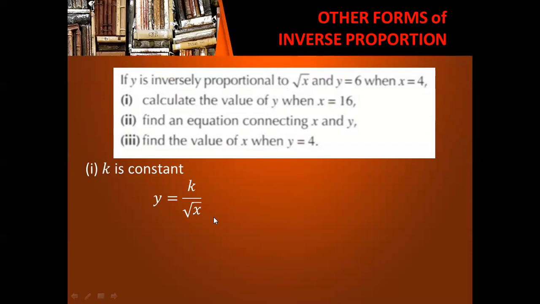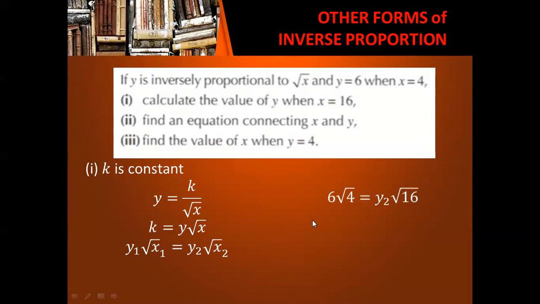Next, isolate k: k is equal to y times the square root of x. Again, this is constant. So the product of the first set of x and y values, y times the square root of x, will be equal to the product of the second value of y times the square root of the second value of x. Or simply, it's going to be like this.